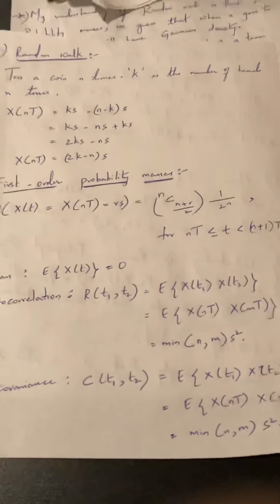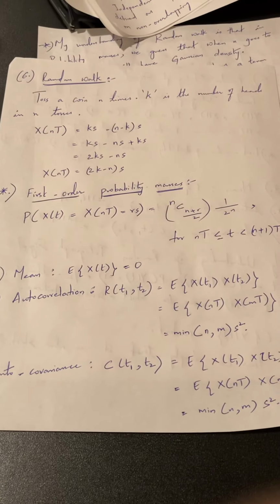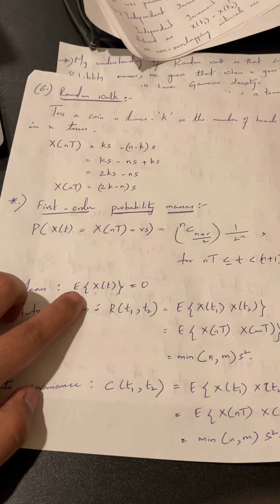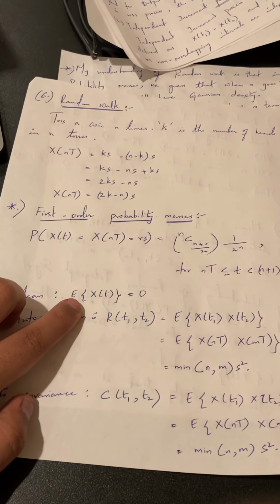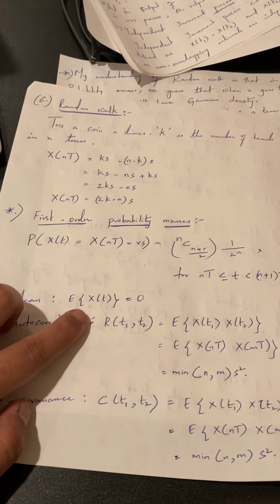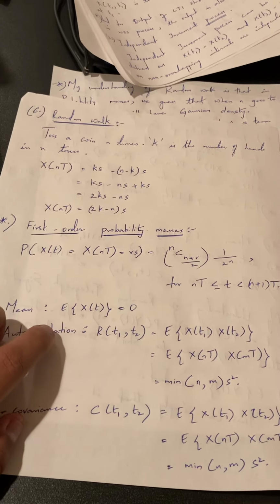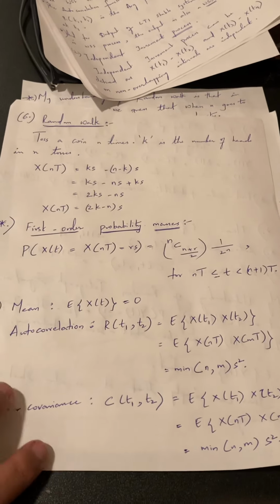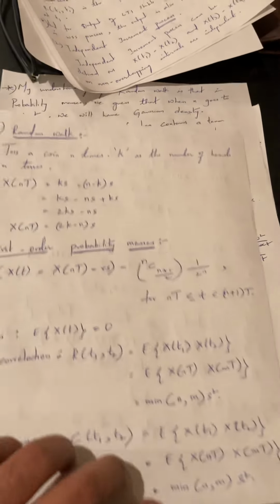So let us look at the random walk. For the random walk, the mean is given by E of x(t) equal to 0. Autocorrelation is given by this term, and autocovariance is given by this term.